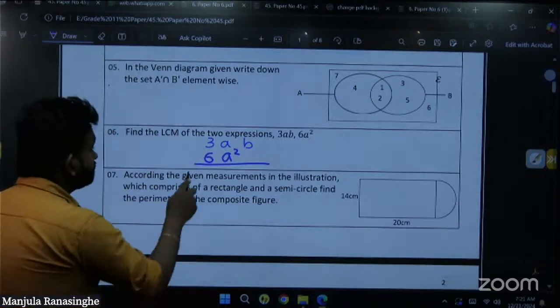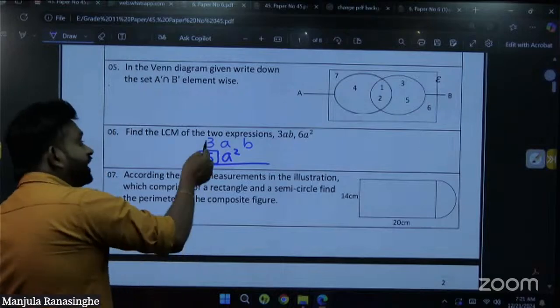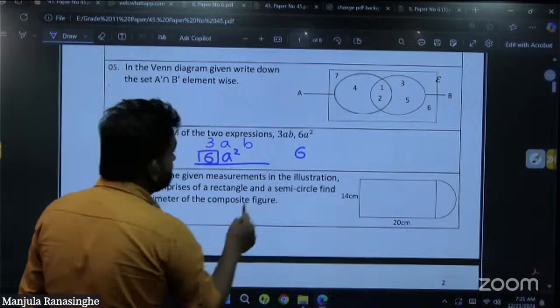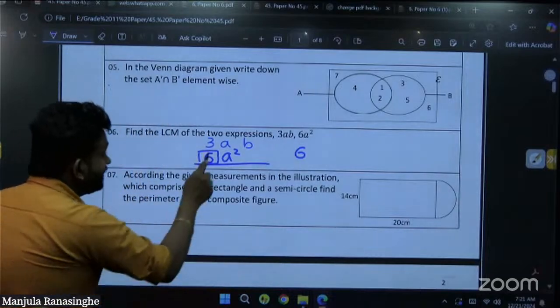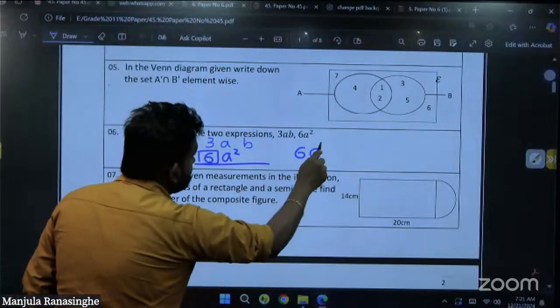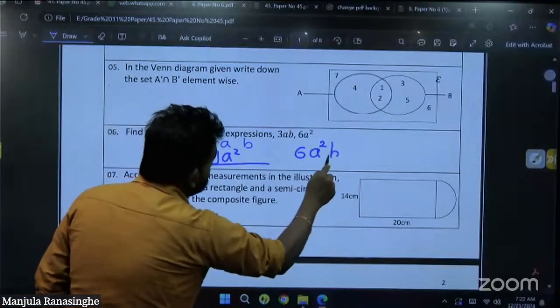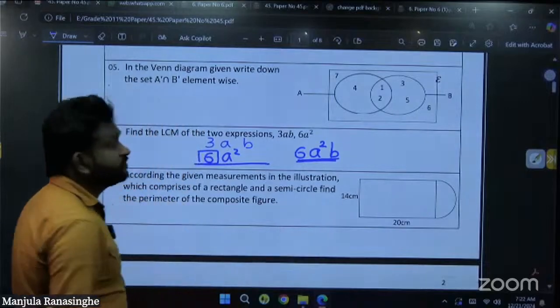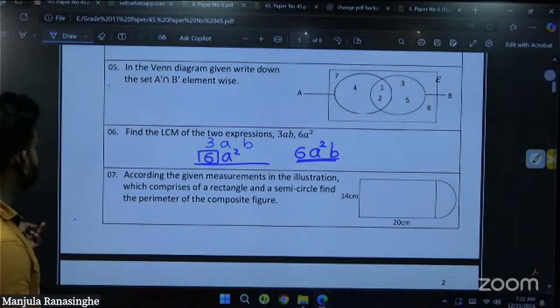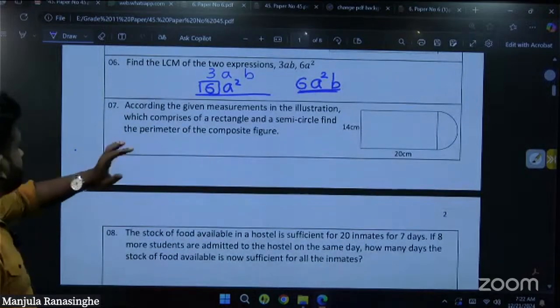Take the larger value 6 and check whether 3 can convert to 6. Yes, 3 can convert to 6, so 6 is the LCM. Then for the same variable, take the maximum power. So here A squared, and here take the B. So what is the final answer? 6A squared B. That's the very short method. Right, now check.